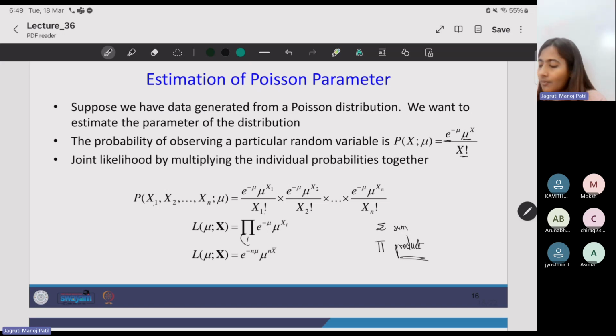We do the product from i equals 1 to n points of e raised to minus mu, where mu is the mean and remains the same, and mu raised to xi. So xi number of terms we have to repeat. Then e raised to minus mu n times, if n is our last index, and mu raised to n x bar. Why n x bar? Because this is our sum, the mean times n.